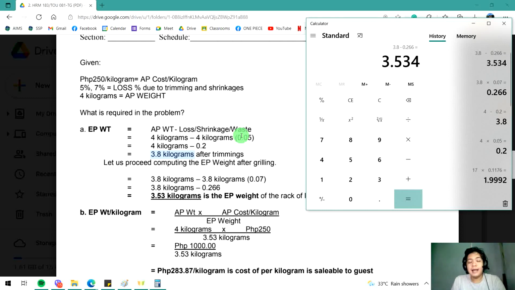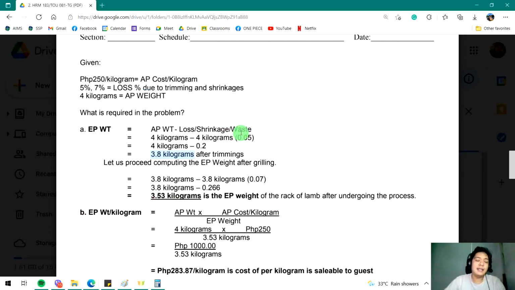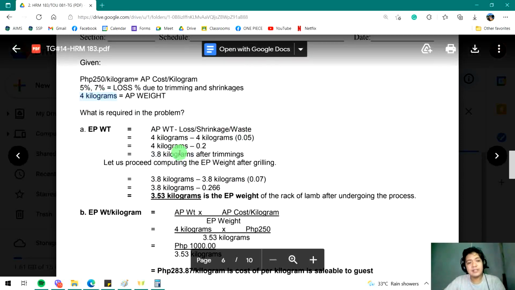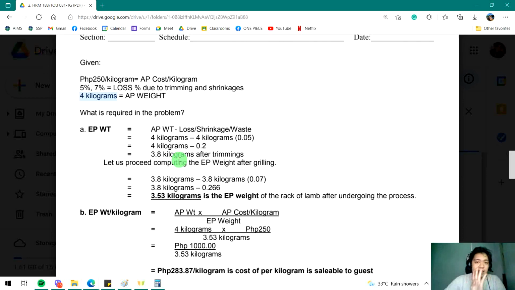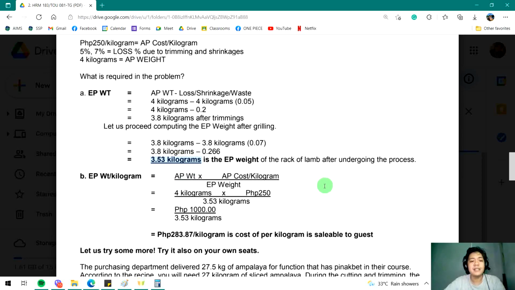So, ibig sabihin, ang edible portion weight natin, sa 4 na kilograms na binili natin ng rack of lamb, after all the cuts, the trimmings, and after all of the shrinkages, ang edible portion or yung kaya nating maibenta sa ating mga guest ay 3.53 kilograms.